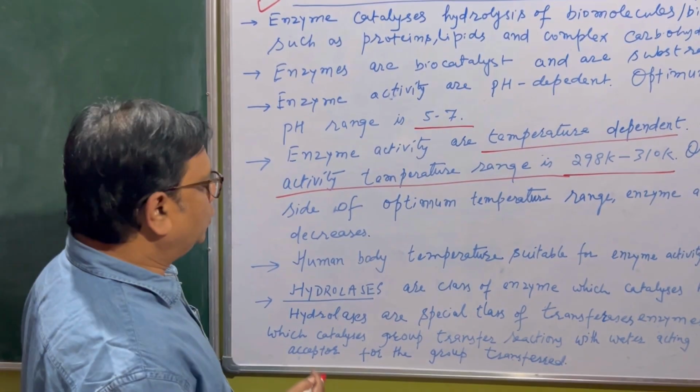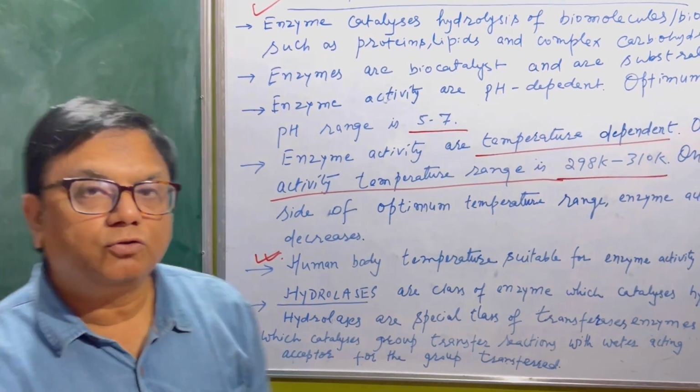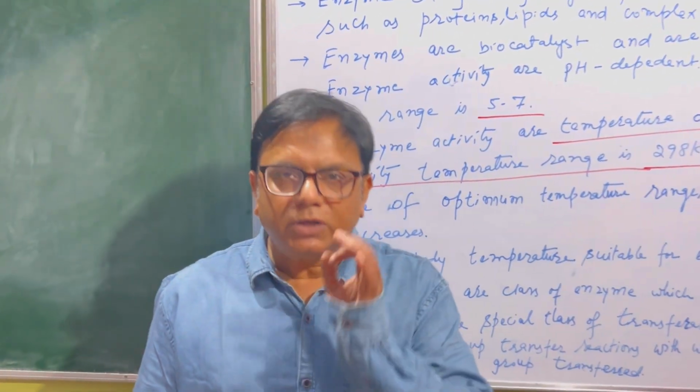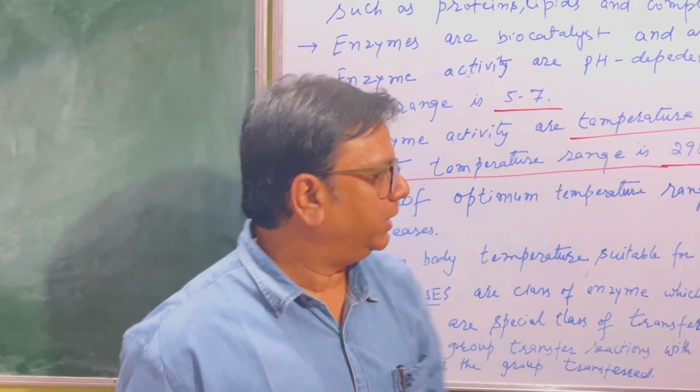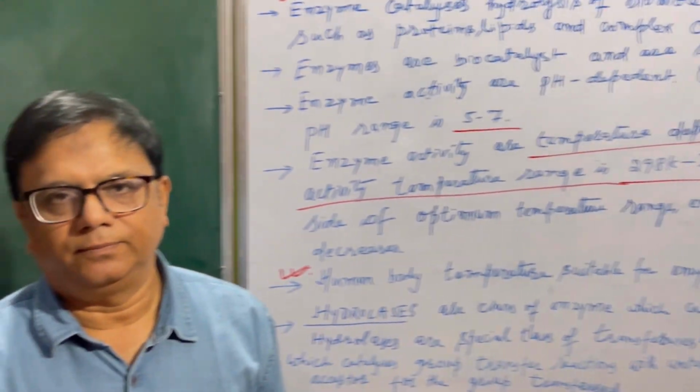And as far as the human body is concerned, the suitable temperature for enzyme activity in the human body is also 310 K.